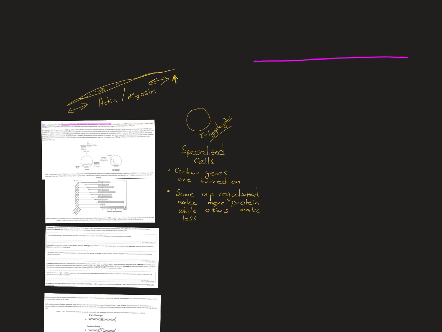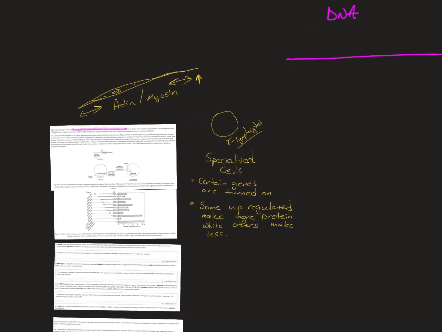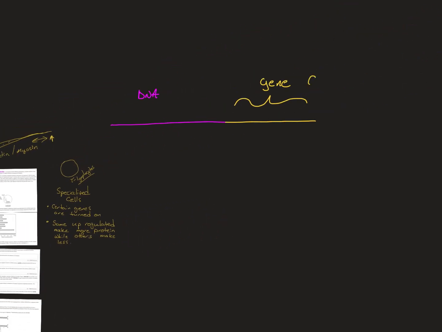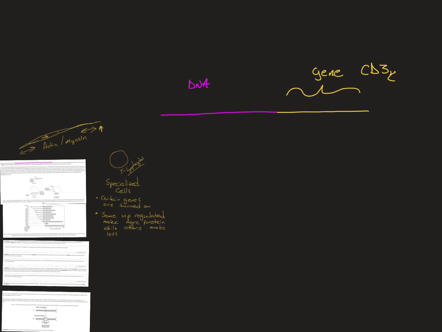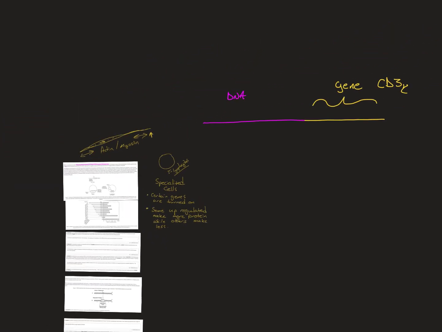If we have DNA, and in that DNA there's a gene for this CD3 gamma, that's going to be found in T lymphocytes.